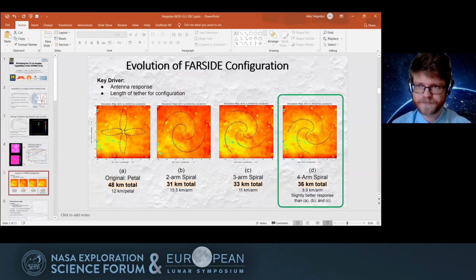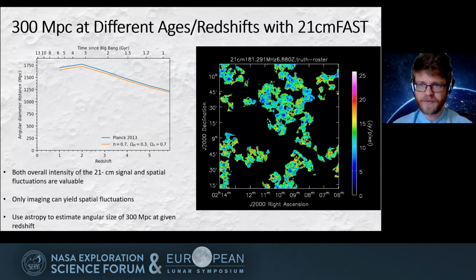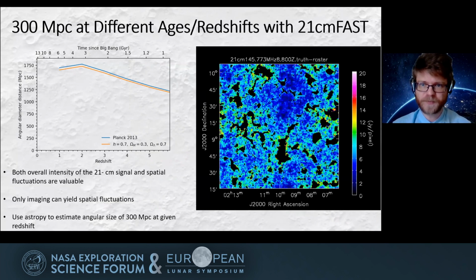Going back, we want to image this with as much fidelity as possible to back out and do these spatial investigations on the image of the 21 centimeter signal.